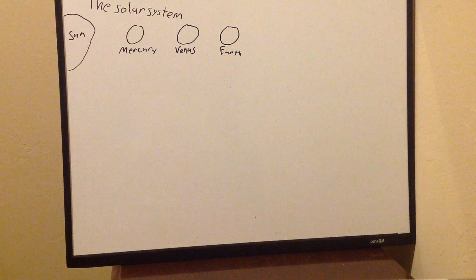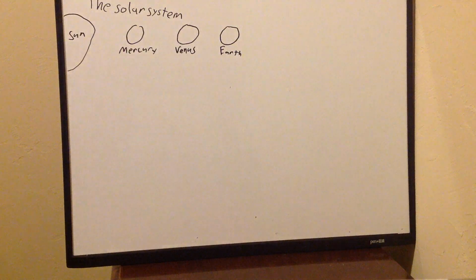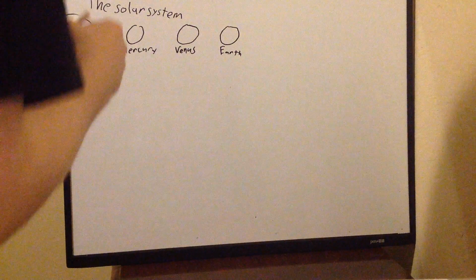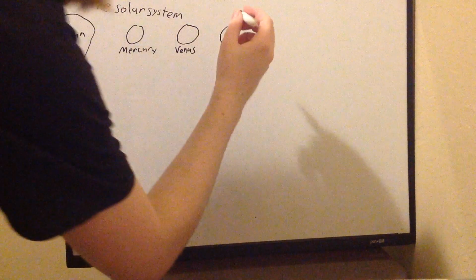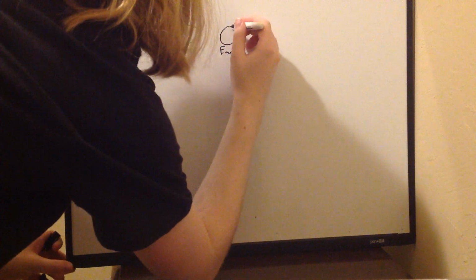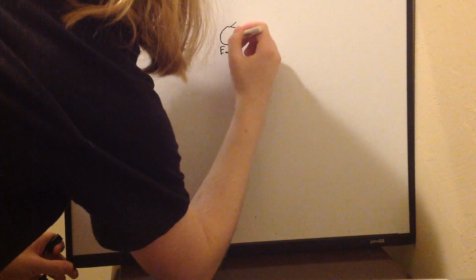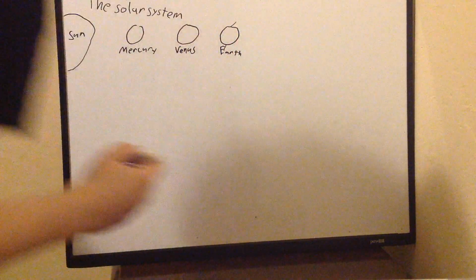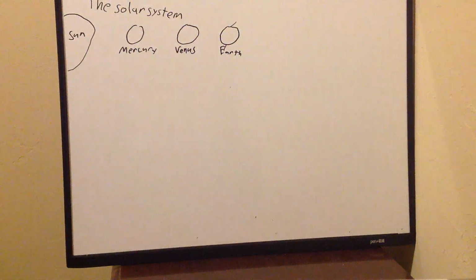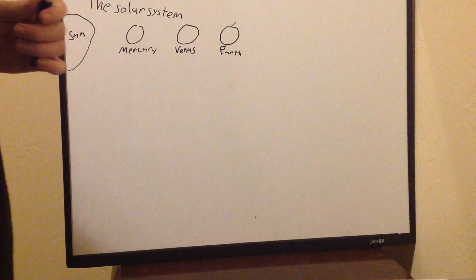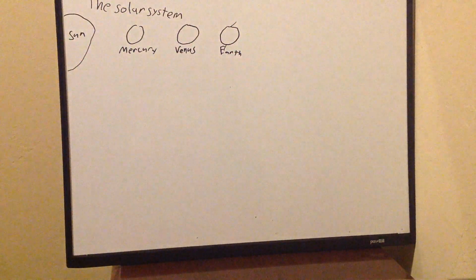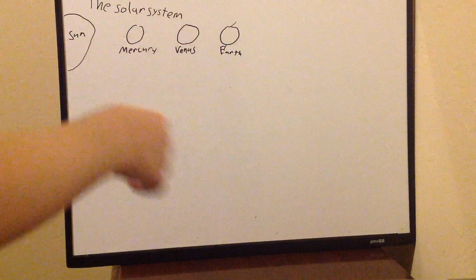Earth's pretty cool, I think. Has a lot of interesting qualities. For one, all planets rotate around an axis. Right? That's like their day. And all of the axes that the planets rotate on are tilted a little bit off of kind of where you would expect them to be.